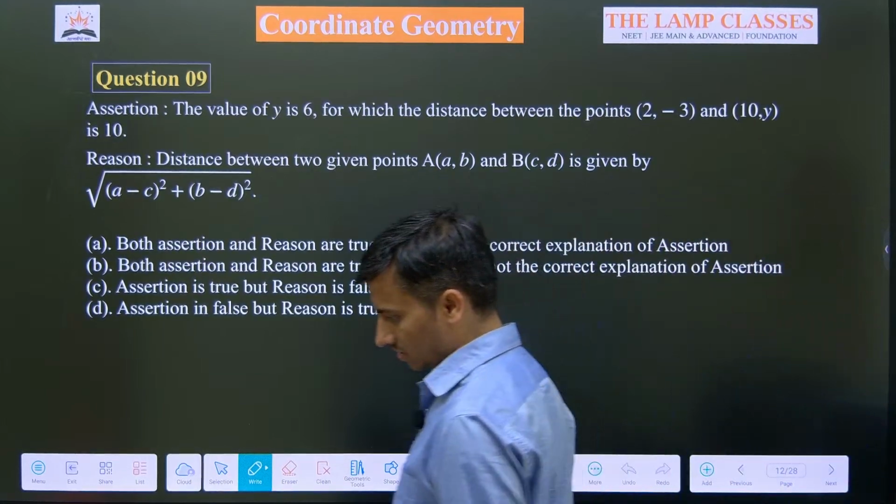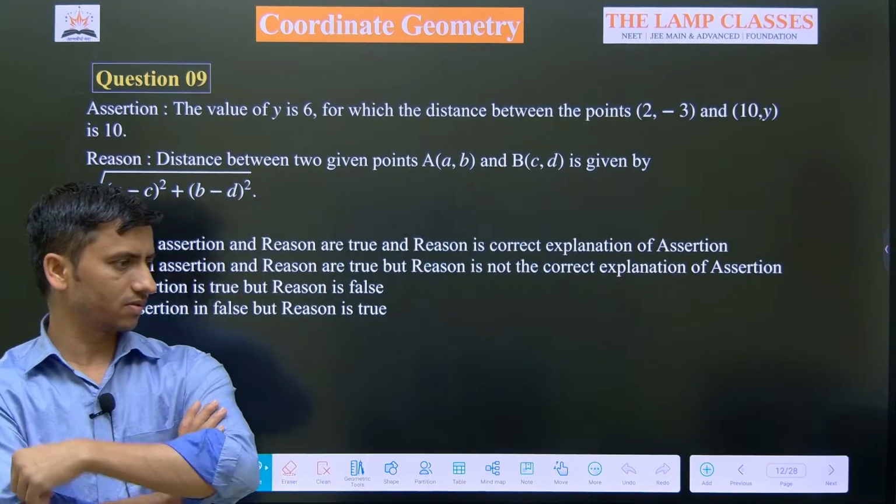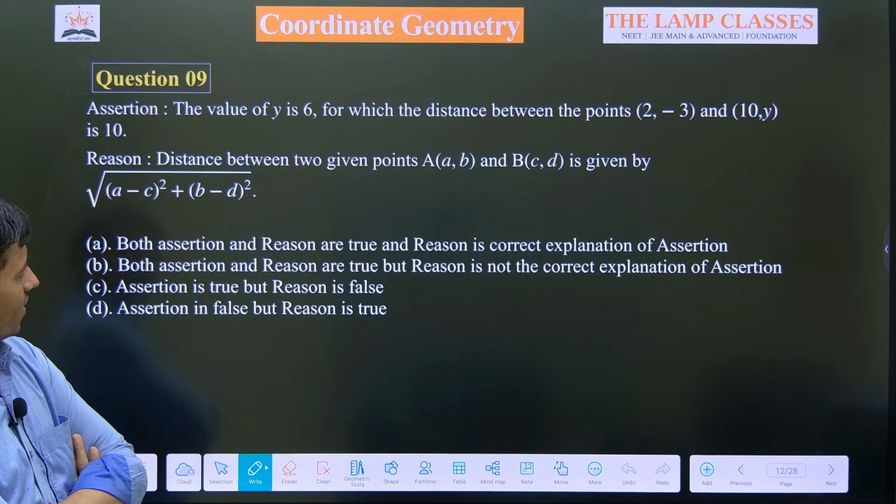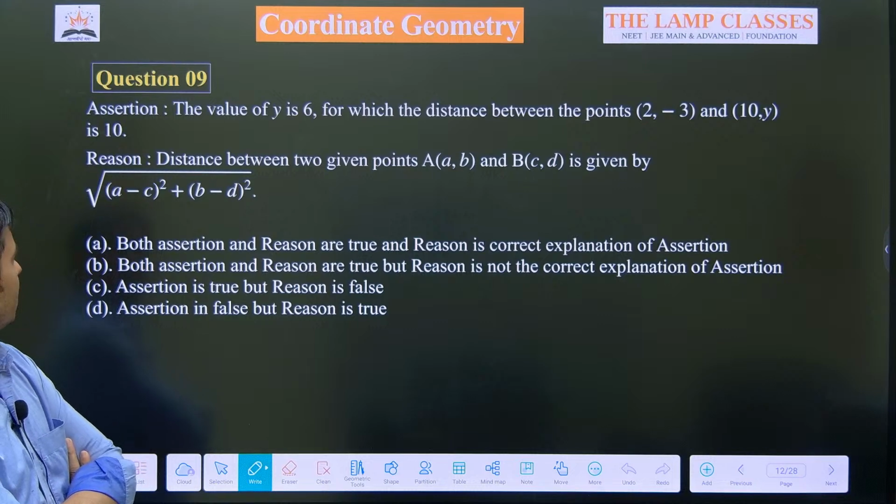Yeah, this is one assertion reason question based on this. Please solve this. The assertion says the value of y is 6 for which the distance between these 2 points is 10.